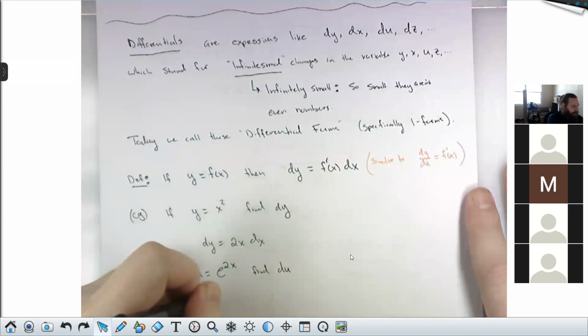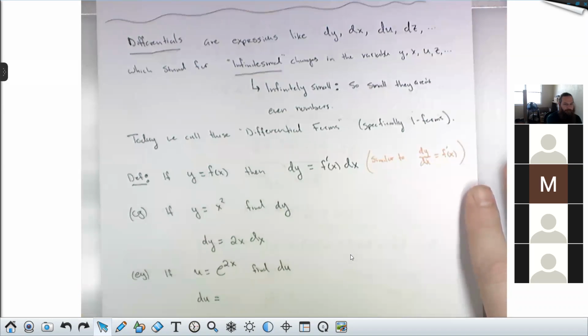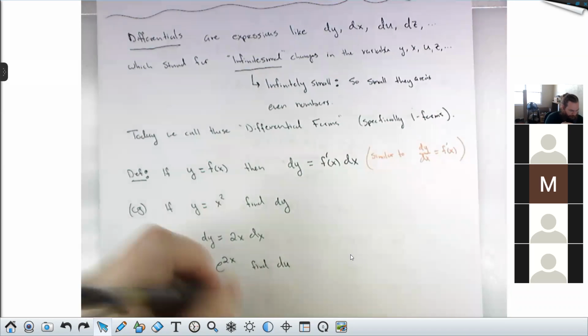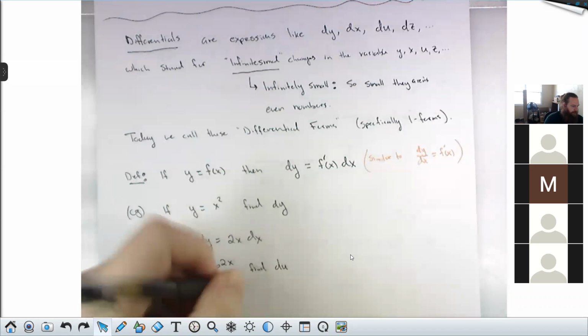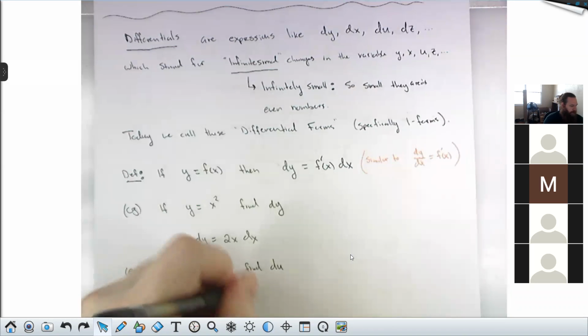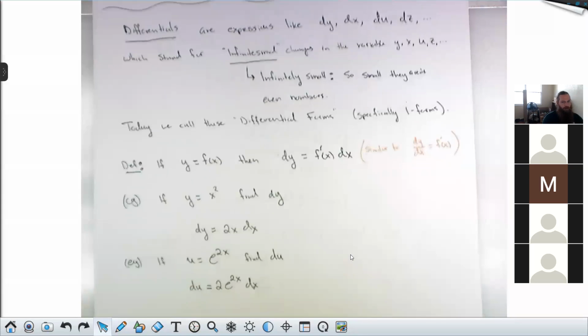What's the derivative of e to the 2x? E to the 2x times 2. Yeah, very good. I'll bring the 2 up front. So this is 2e to the 2x. That's the derivative. And then I just have a dx at the end. See, this isn't too tough. We're just taking derivatives, but we're doing it in a slightly different notation. And that's what I mean when I say the differentials portion here. We're just going to learn the notation.